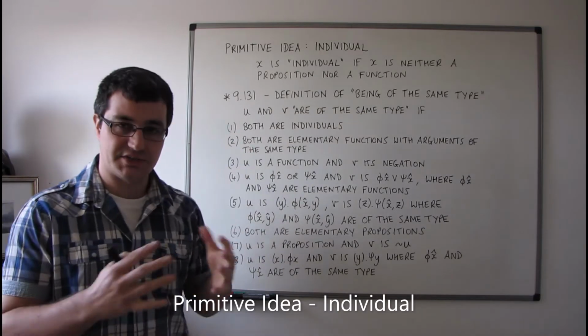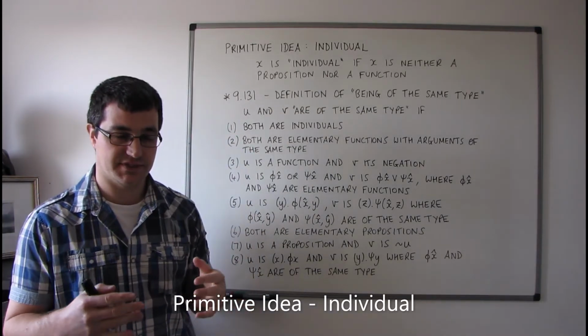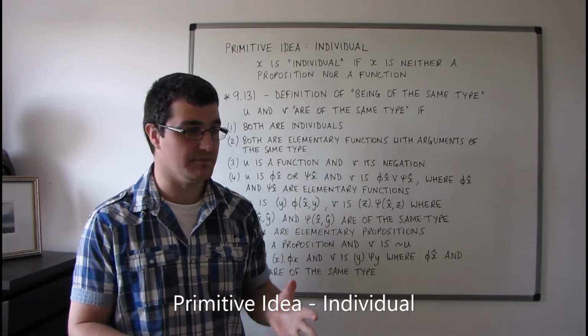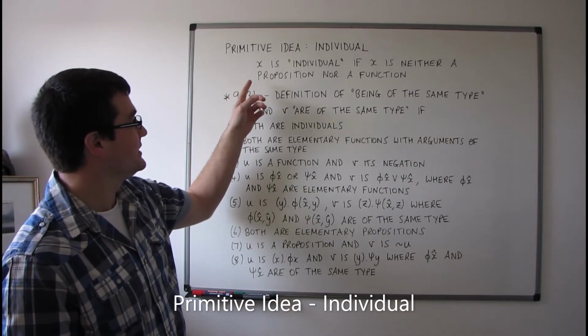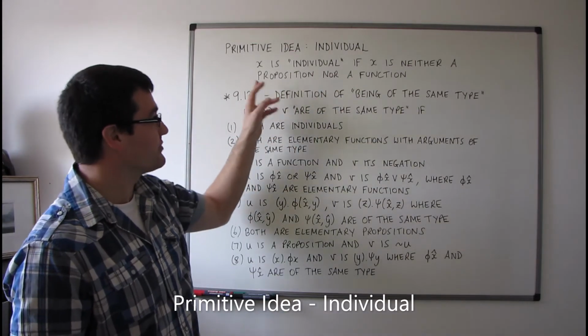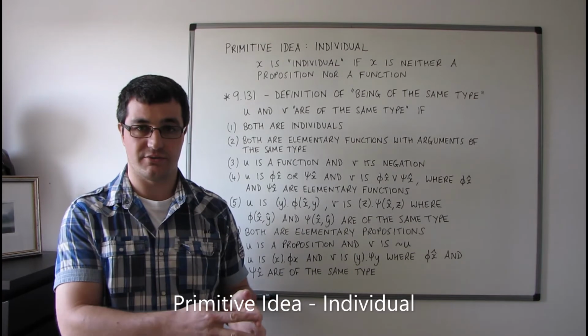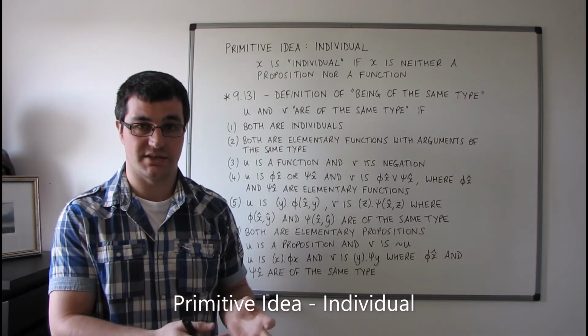So we don't actually have a way at this moment in time of telling whether there are any individuals in our system. We just know that an individual is neither a proposition nor a function. We don't have any confirmation whether there is such a thing within our system.